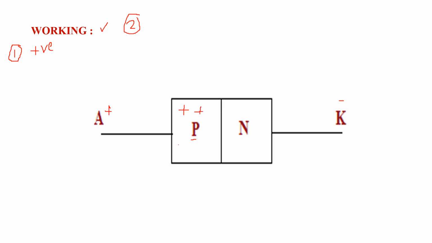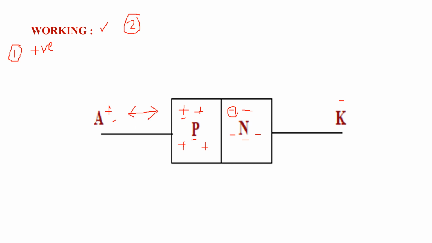Holes are nothing but positive charge carriers. Similarly, the cathode is connected to N material, so the N layer has electrons as the majority charge carriers. Here the anode is positive and the P layer has positive majority charge carriers, so there is a repulsive force between these two.